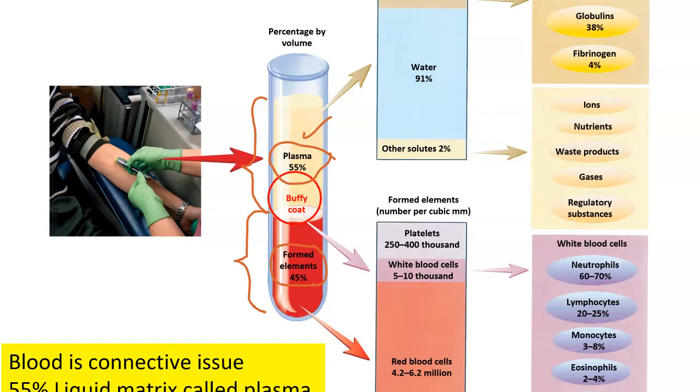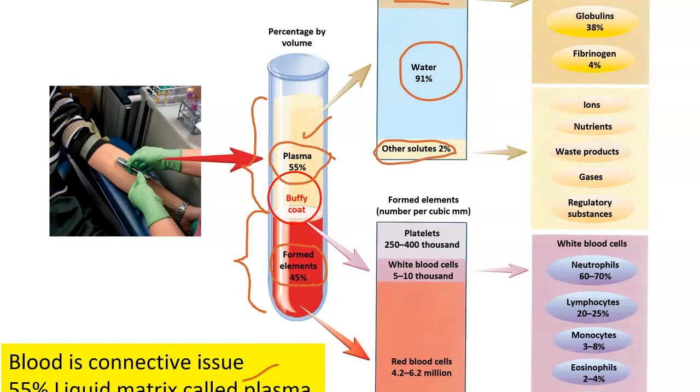So you should know that the liquid matrix represents 55% of blood, while the cells and cell fragments represent 45% of blood. When you look at plasma, notice that most of it, 91%, is made of water. Proteins make up about 7% of plasma, and other solutes make up about 2%.